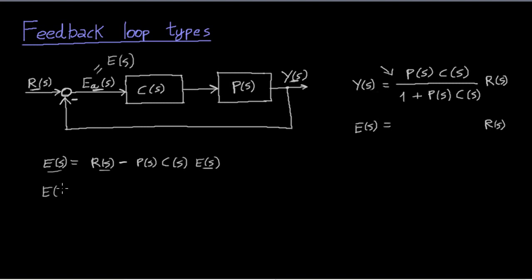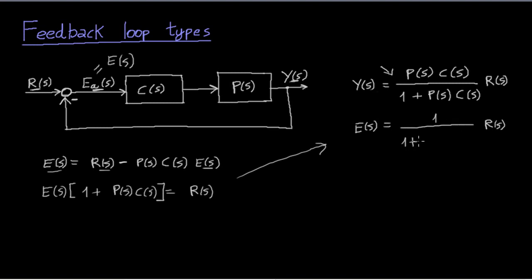Now we rearrange this like that. 1 plus P(s)C(s) times E(s) is equal to R(s). And from here we already have the formula. That's E(s) equals 1 over 1 plus P(s)C(s), times R(s).